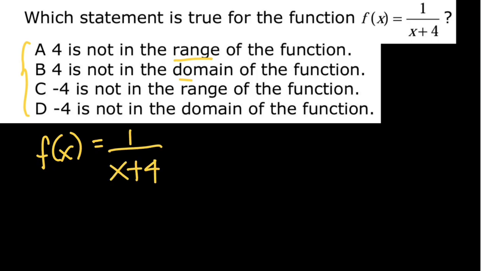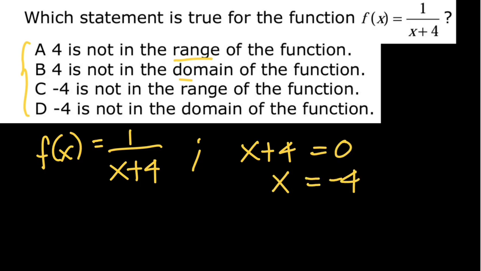So let's find the domain and range of this function. For the domain, the denominator cannot be equal to 0, and the denominator here is x plus 4, so x is equal to negative 4. Therefore, x cannot be equal to negative 4.